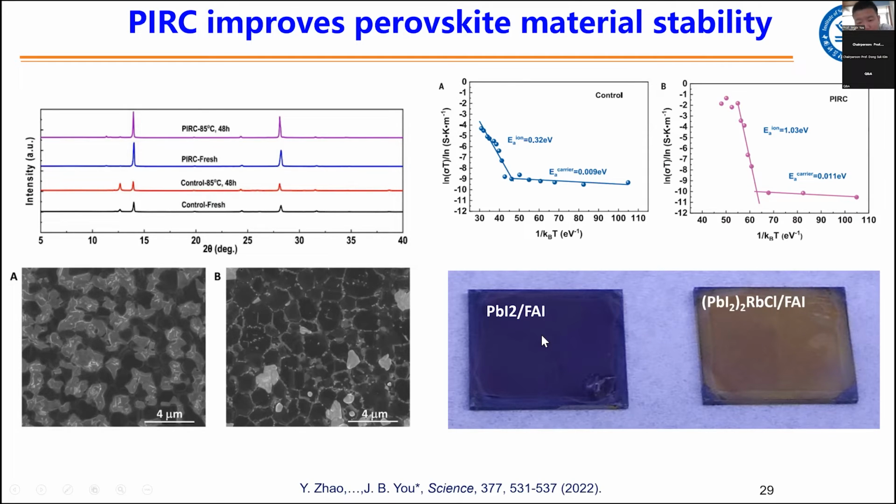This means, for example, if in the perovskite layer there is some PbI2, and sometimes under heating the perovskite decomposes, some FAI could move into this place to combine with the lead iodide. This led to ion aggregation.